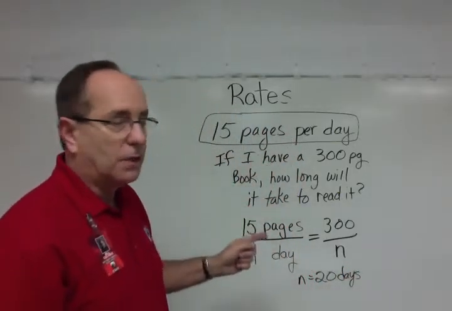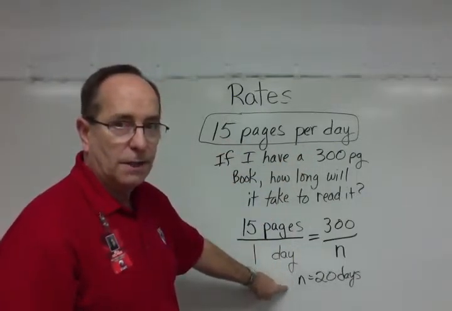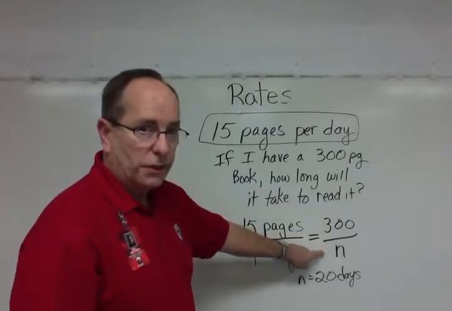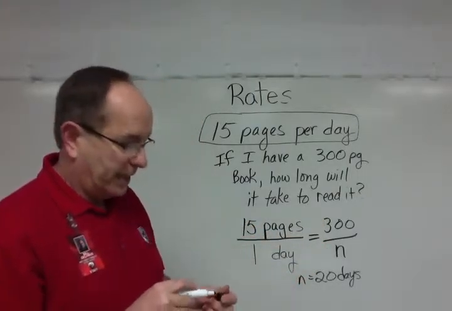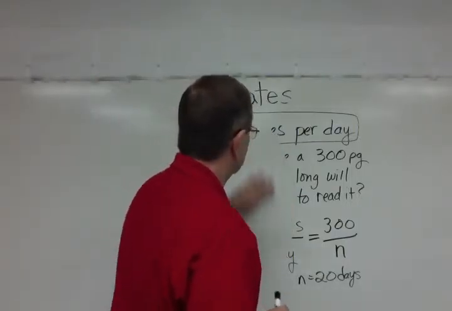I answered this problem. How long would it take me to read 300 pages? 20 days. By doing this rate, plug in things I know or don't know, cross multiply, and I can get to my answer. Okay, let's try another one.